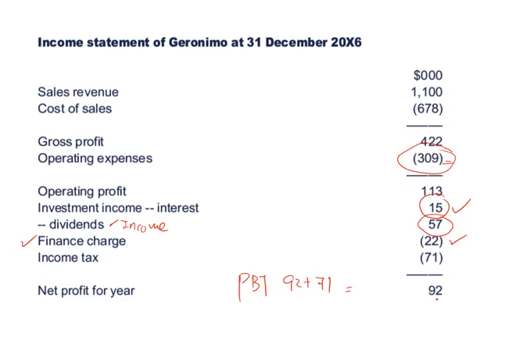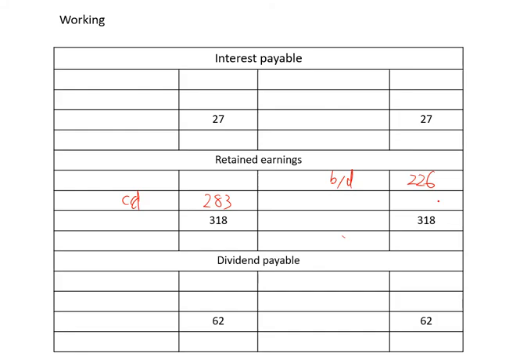Now, during this year, current year profit is 92. So here you have 92. This is P&L for this year. Here you got 308, right? So basically here you will have how much?